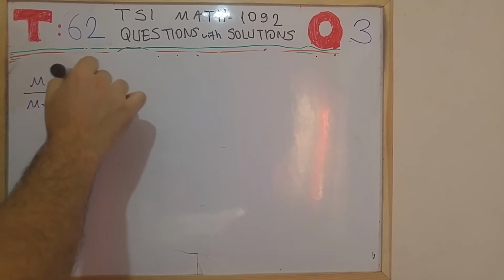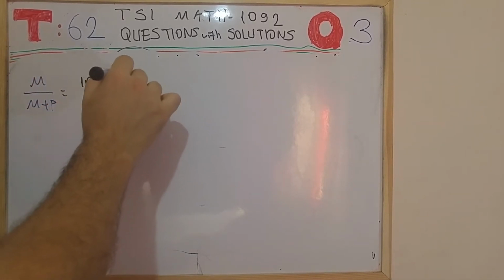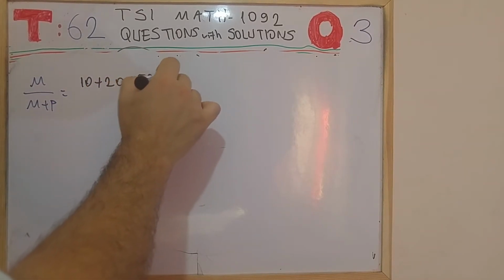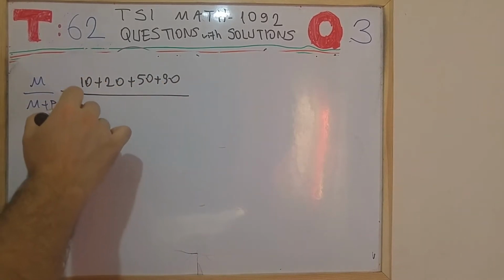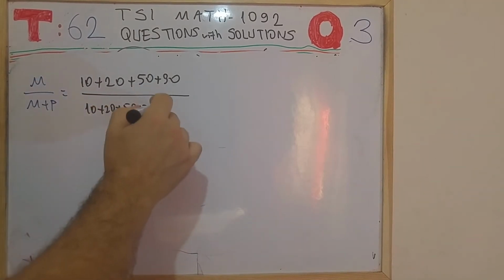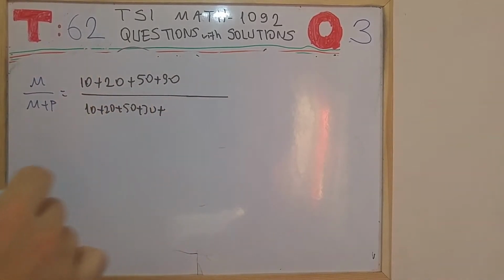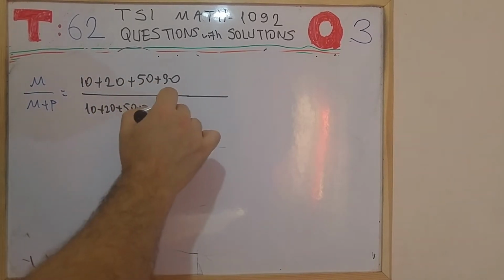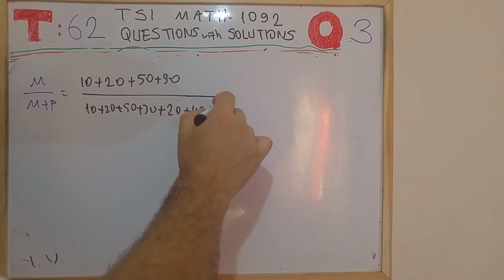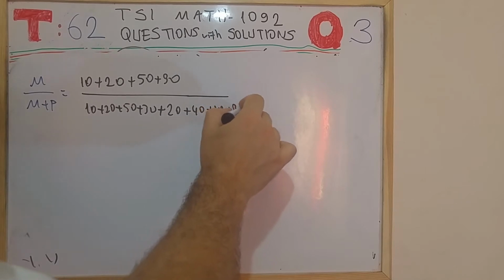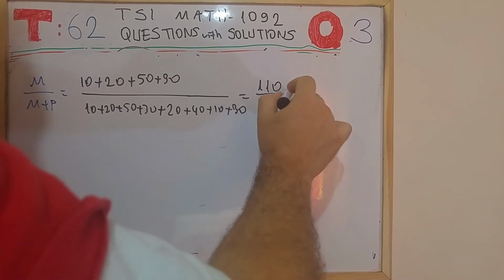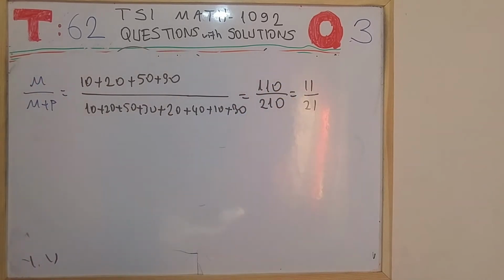There are 10 plus 20 plus 50 plus 30 margarita pizzas sold, and there are 10 plus 20 plus 50 plus 30, the amount of margarita pizzas sold, plus the vegetarian pizzas, which are 20 plus 40 plus 10 plus 30 pizzas sold, which makes 110 over 210, and this is equal to 11 over 21.